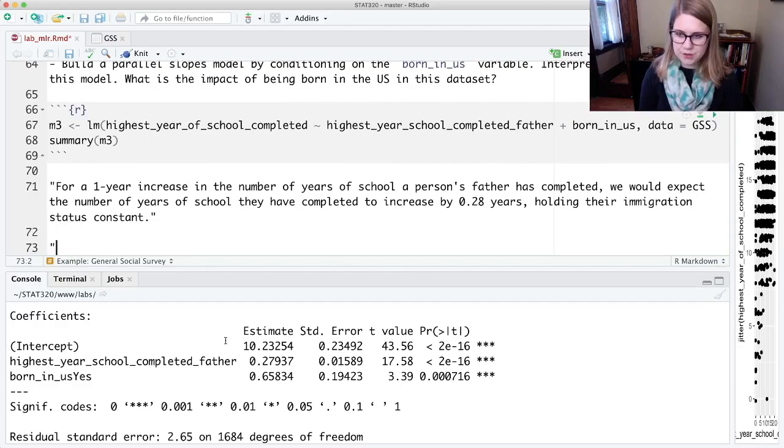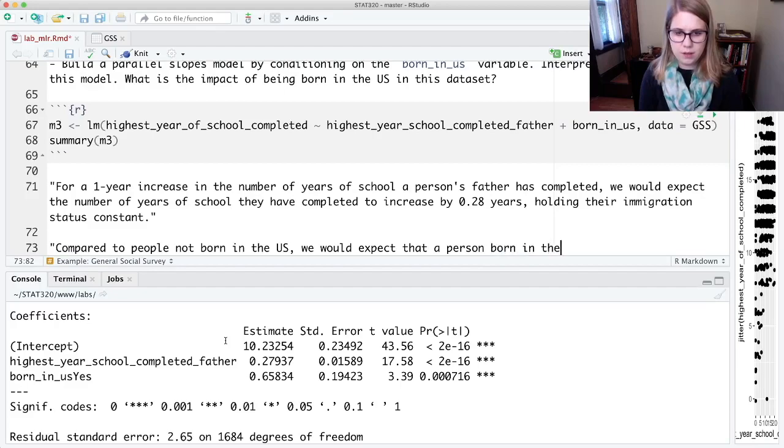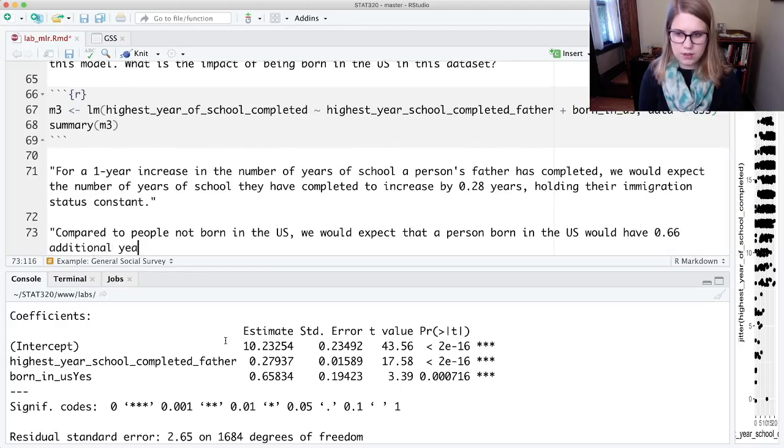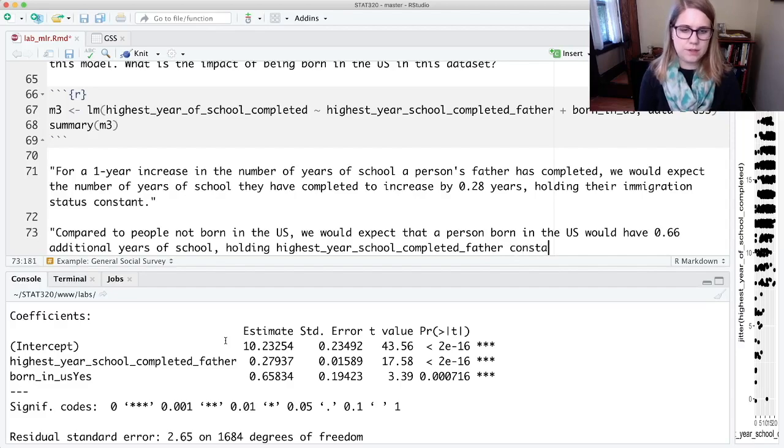And then to interpret the next coefficient, I would say compared to the reference group, compared to people not born in the US, we would expect, or the model would predict, that a person born in the US would have 0.66 additional years of school, holding highest year school completed father constant.